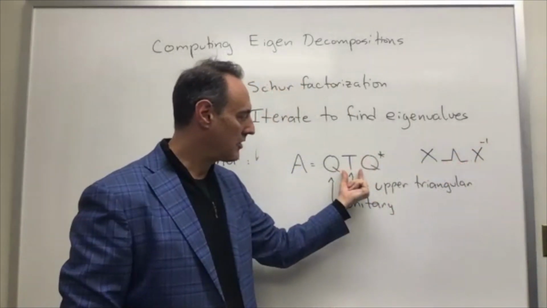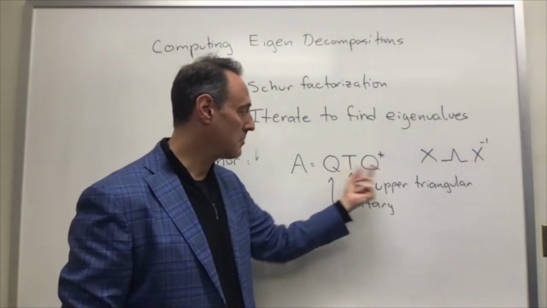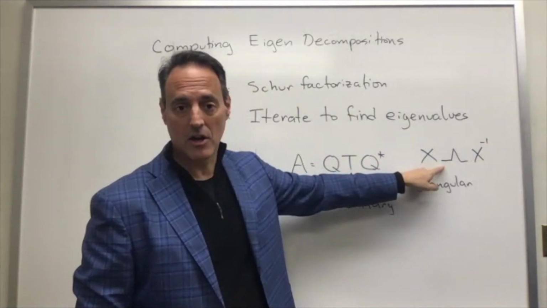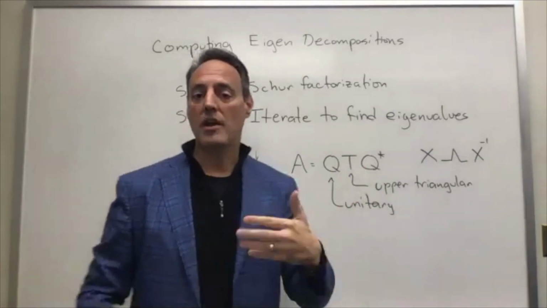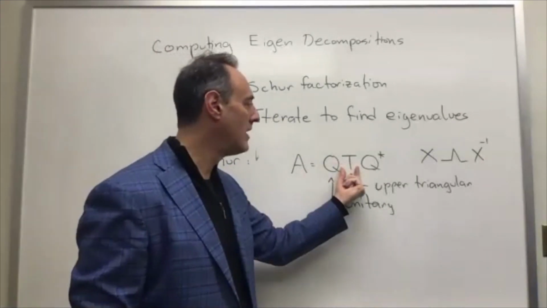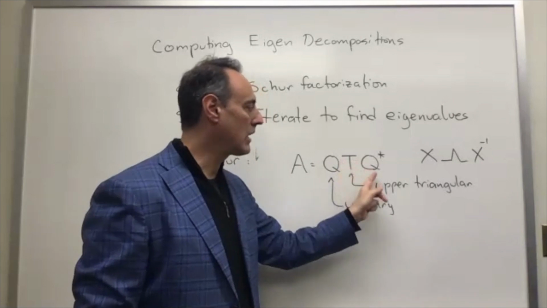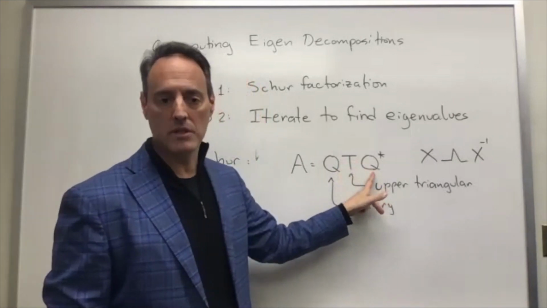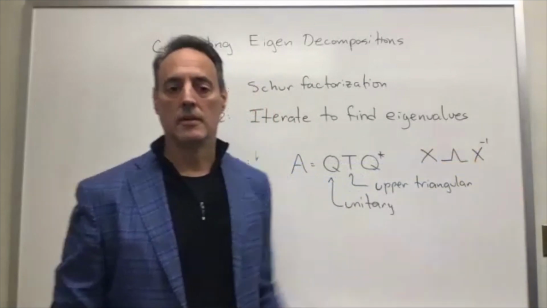Notice that I have not constrained this to be diagonal, right? If I constrain this to be diagonal, I have exactly an eigendecomposition. I've constrained this to be upper triangular, which is not as harsh of a constraint. It's a little bit easier constraint to satisfy. And I've also done it in such a way that make this upper triangular and allow this to be unitary so that the inverse, I don't have to compute inverses, okay?